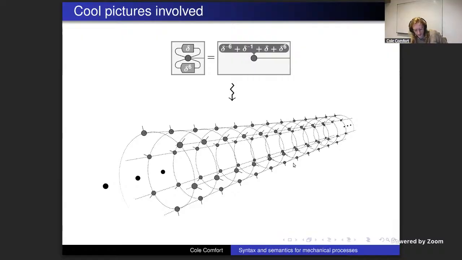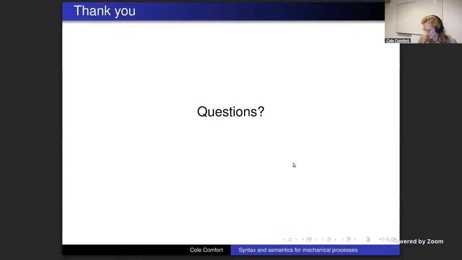The point is, just by adding more and more things motivated by physics, you get this really nice category and cool pictures the whole way through, which I find very nice and symmetric and beautiful. And that's the end of my talk.